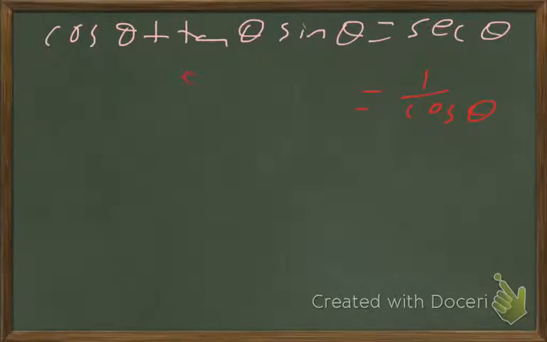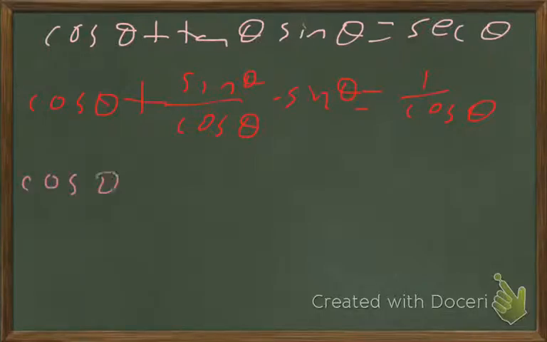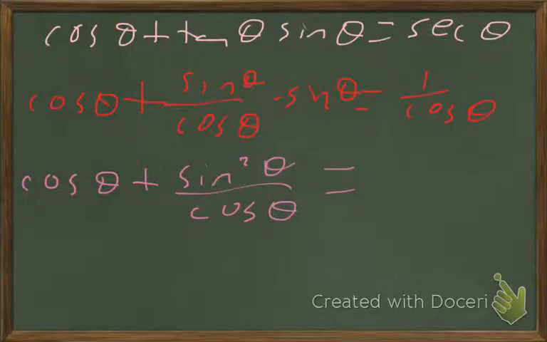Tangent is sine theta over cosine theta, so this is times sine theta, plus cosine theta. Sine times sine is sine squared. So we have cosine theta plus sine squared theta over cosine theta equals 1 over cosine theta.